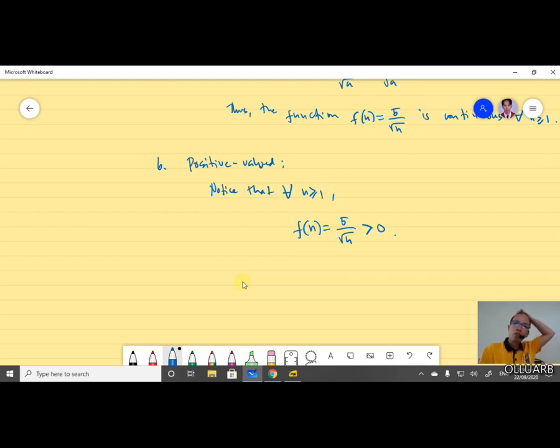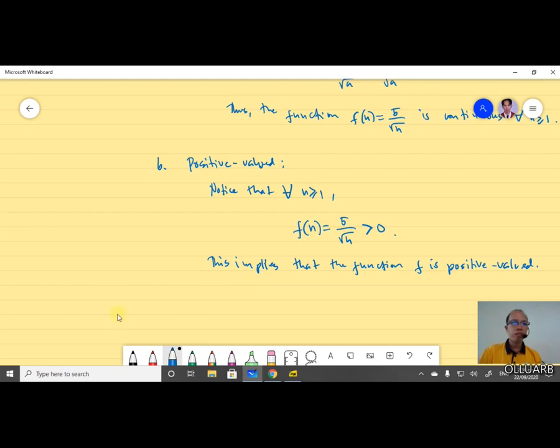So when n is equal to 1, we have 5 over square root of 1, this is always positive. This implies that the function f is positive valued.